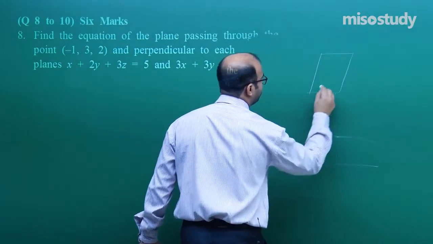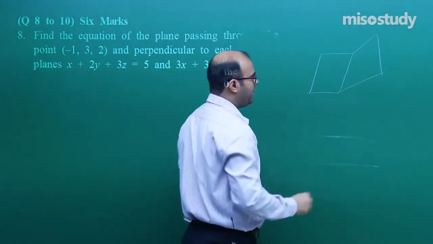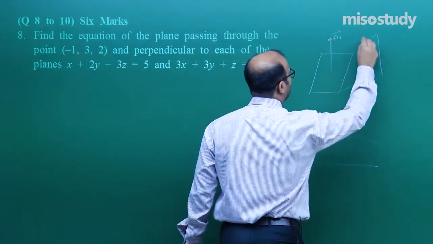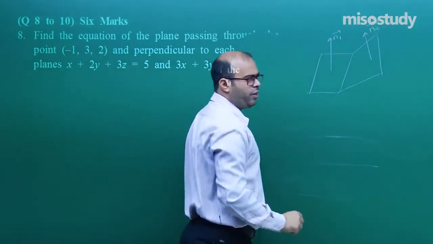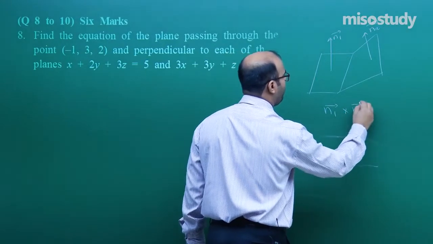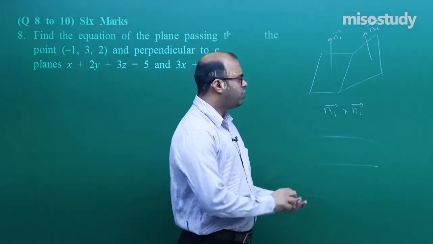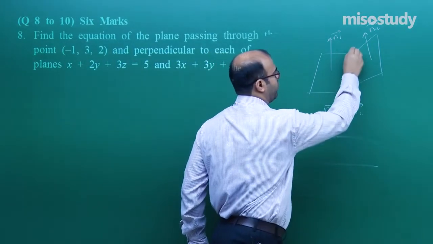This is a plane, this is another plane at some angle. I am saying that if I take a normal to this plane, n1, and another normal to this plane, n2, and do the cross product of n1 and n2, what do we get? We will get a vector which is along the intersection of these two planes.